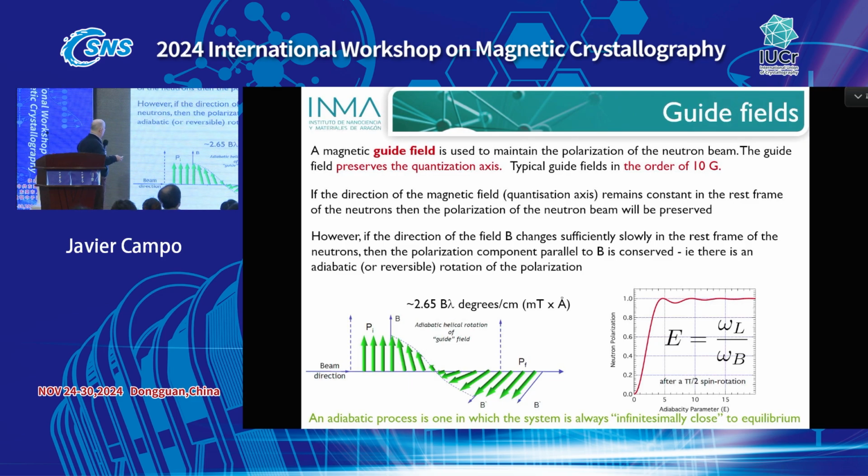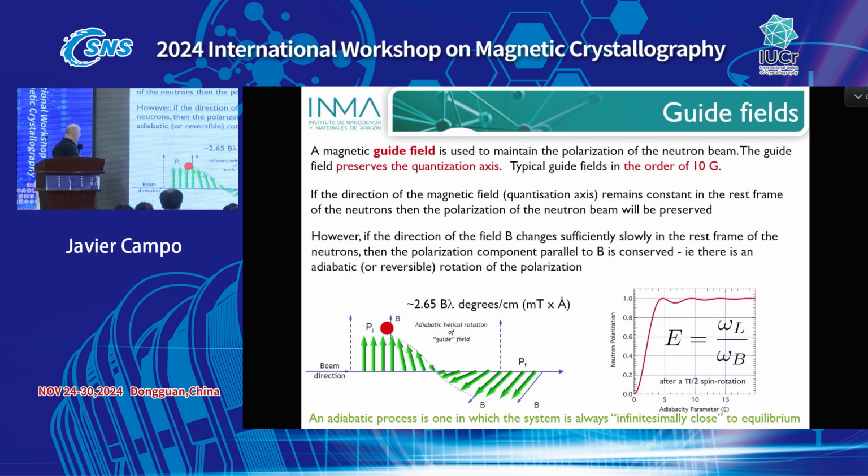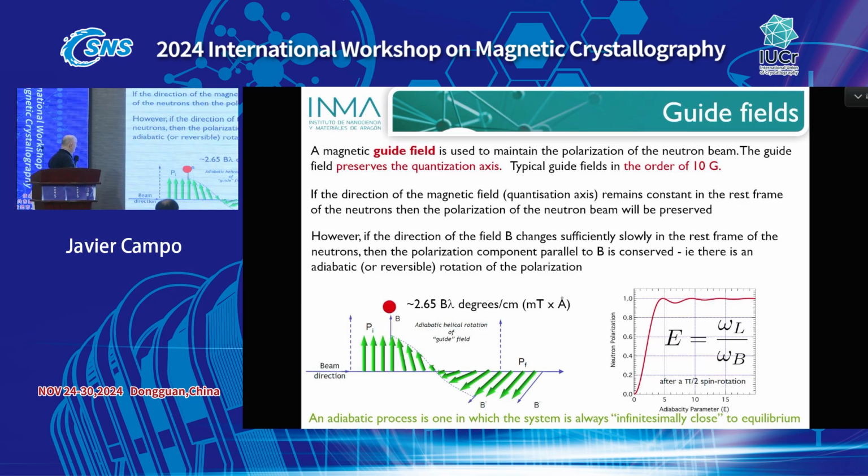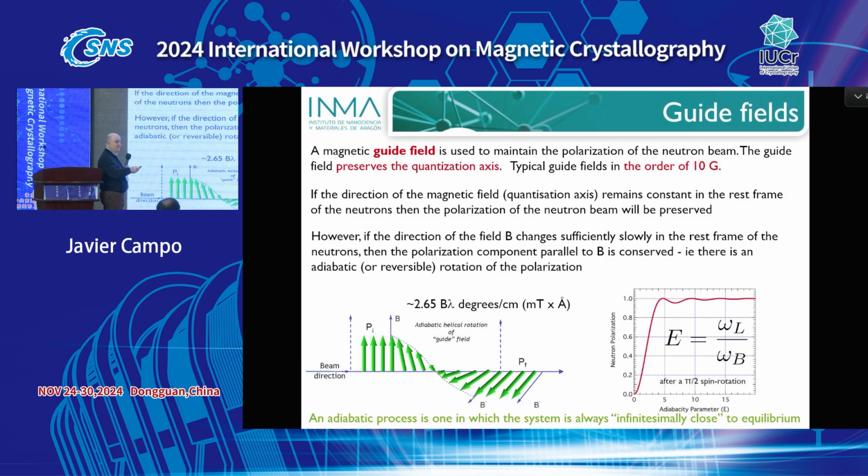The adiabatic rotation of the polarization, that means that if we move slowly the polarization, we are every time in equilibrium. And how can we do this? The polarization will follow a magnetic field if the magnetic field is changing slowly, smoothly, like this.